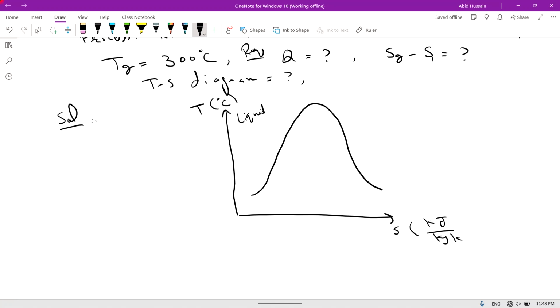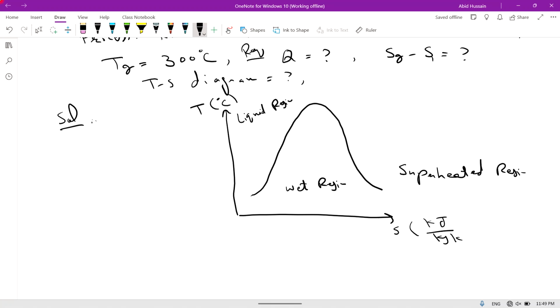This is the liquid region, this is the wet region, and this is the superheated region. This line is called the saturated liquid line and this line is called the saturated vapor line. So pressure is constant at 20 bar.